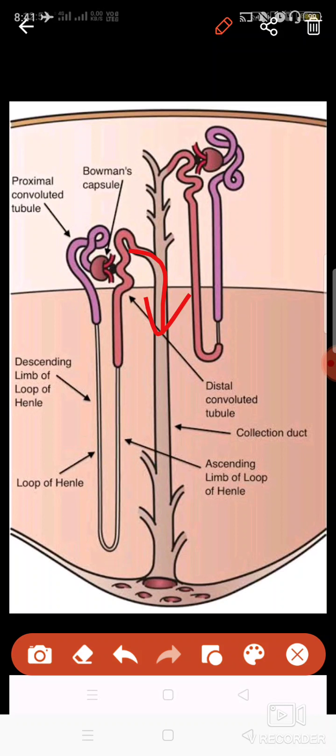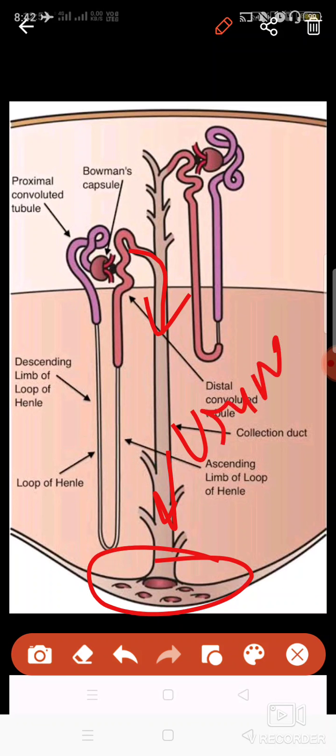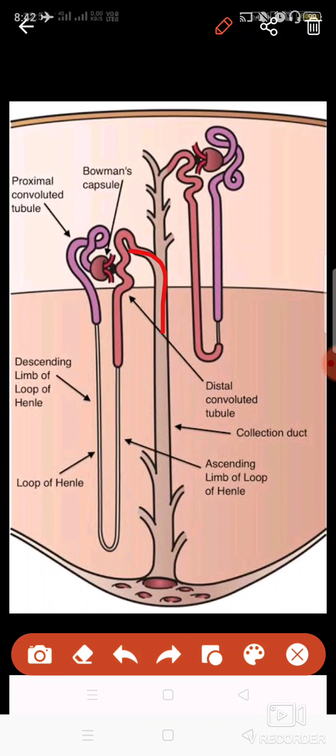These go into this collecting duct, and from the collecting duct they open into this part, that is the calyx, and from the calyx it goes into the pelvis, and then from the pelvis to the ureters, that is, urine is formed in this manner. So basically, urine is formed by the mixing of ammonia.